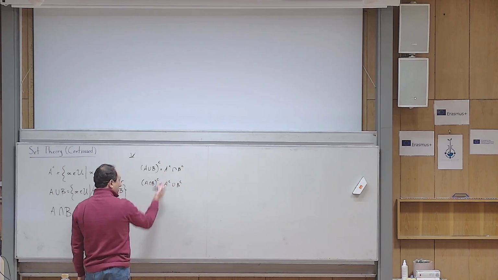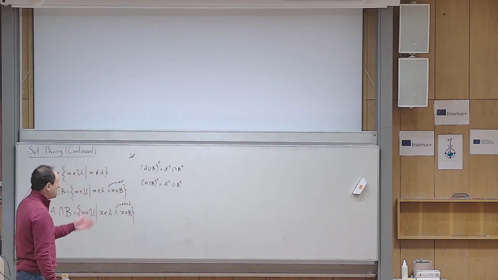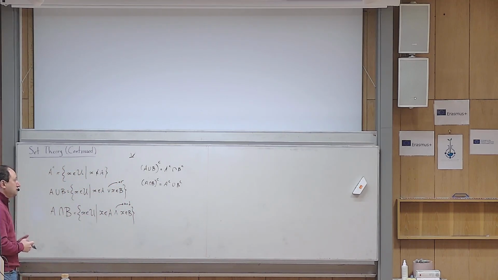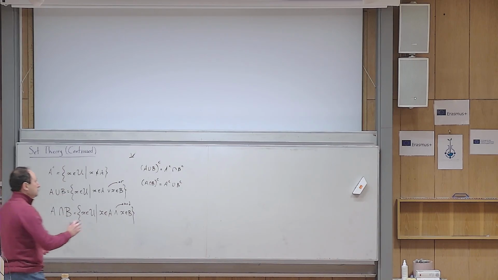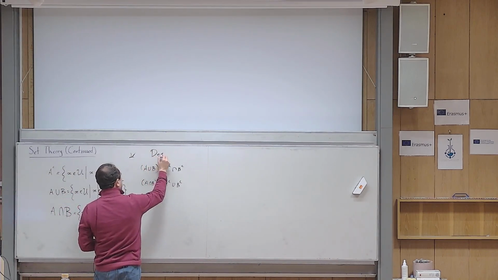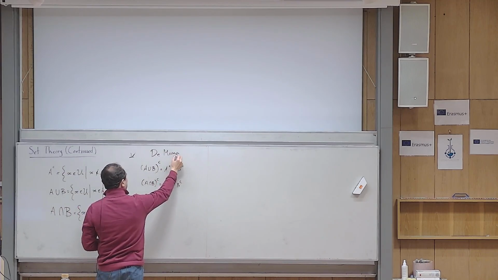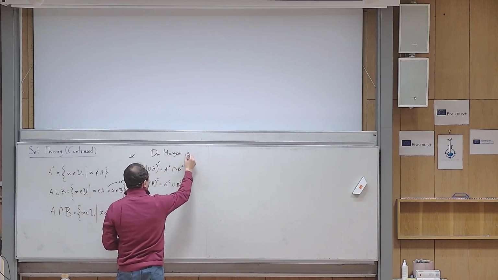These are expressed in your book, but not under the title of rules you have to memorize. But they are very fundamental rules in set theory. These are called De Morgan laws.